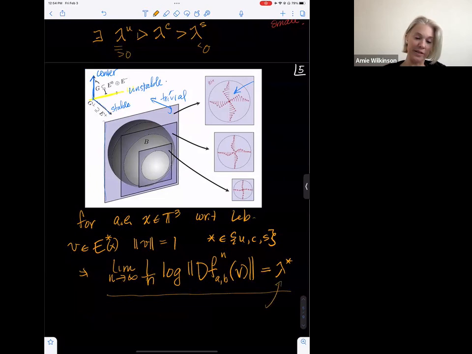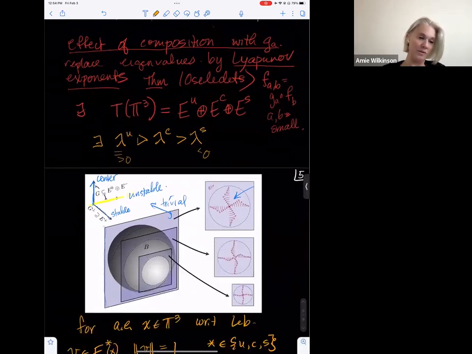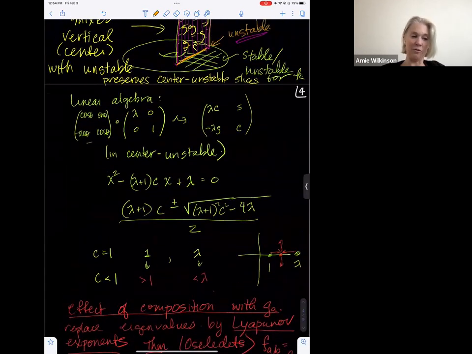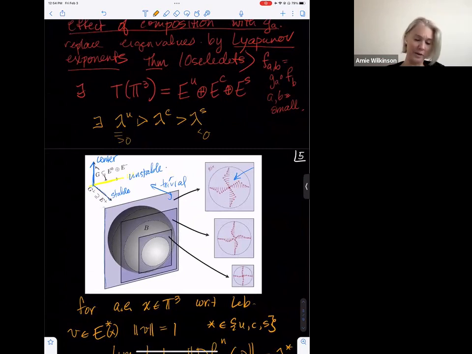And this is called a Lyapunov exponent. So it's sort of like the logarithm of an eigenvalue. I probably shouldn't have used lambda, since I used lambda here for an eigenvalue, and here it's more like log of lambda.